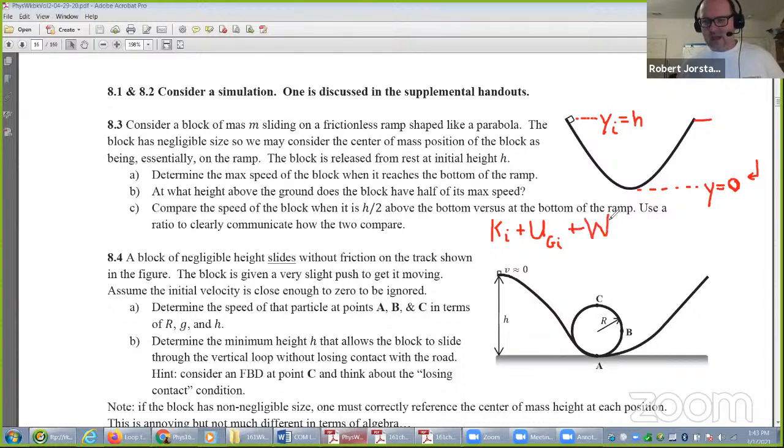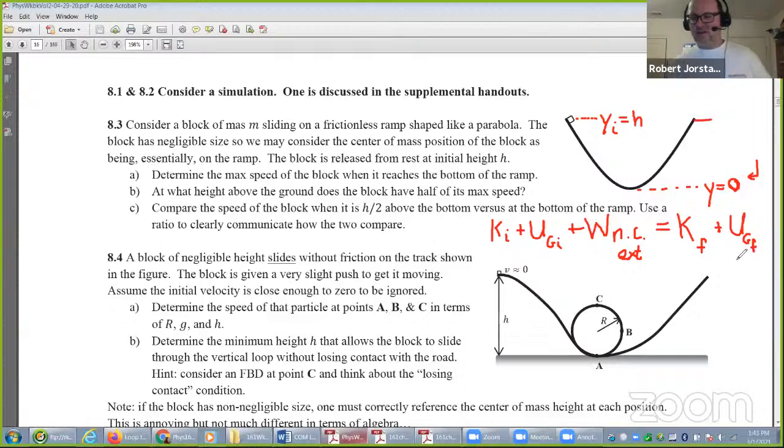So I'm going to include that, and I'm going to say work done by non-conservative forces or external forces like zombies, something like that. And then at the end, we're going to have K final plus U final. In this case, U due to gravity final. This is the math that we would write down for this problem.